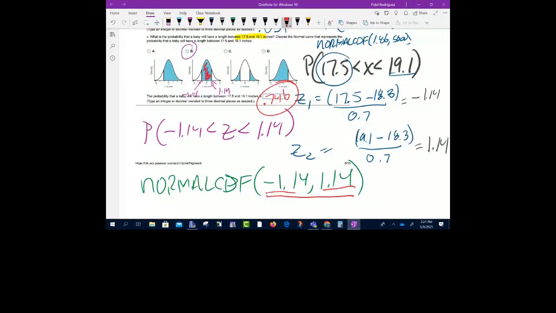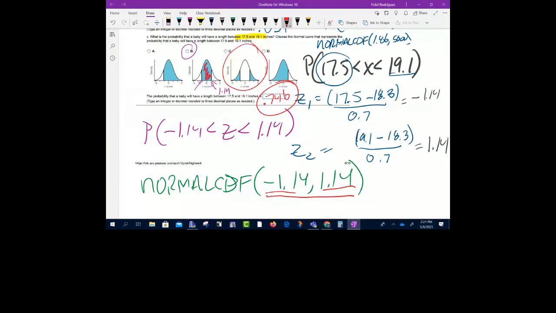Now, remember what I said. If I read the question, and to give you a heads up, remember, when you're taking your test, if this question is on the test, it's going to be the exact same question, but with just different numbers, right? But had the question said, what would be the probability that a baby is not between these two numbers, then we would have been looking at this guy.